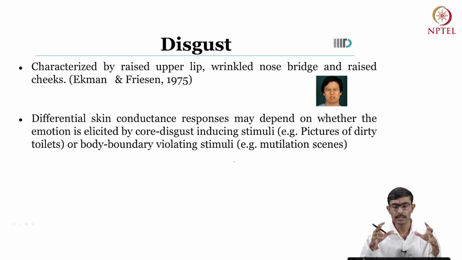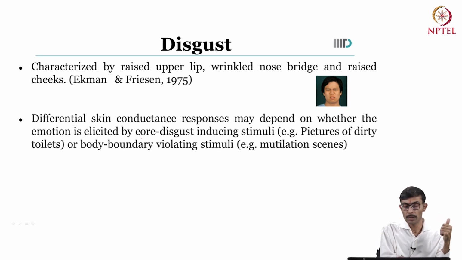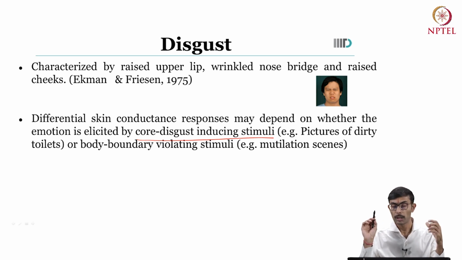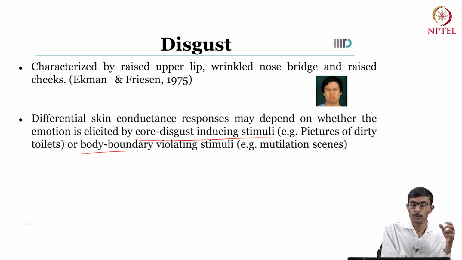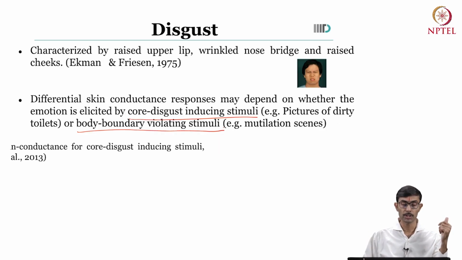Now, if you look at the skin conductance responses, it depends on what type of stimuli is causing the disgust emotion. That is very interesting here. So, for example, if you have a core disgust inducing stimuli, you may have a different type of skin conductance response in comparison to body boundary violating stimuli where you may be looking at some mutilation scenes.